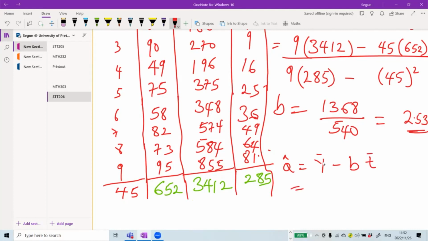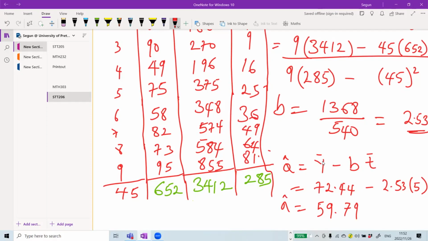So we have Y bar to be what? 72.44 minus 2.53 in bracket of your T bar. Our A is equal to what? Your final answer will be what? 59.79. Do you get the same thing?